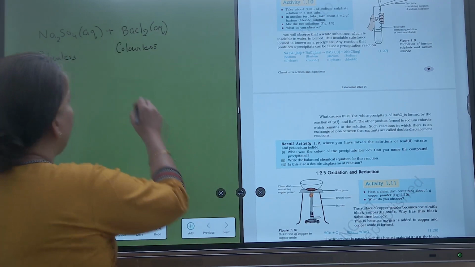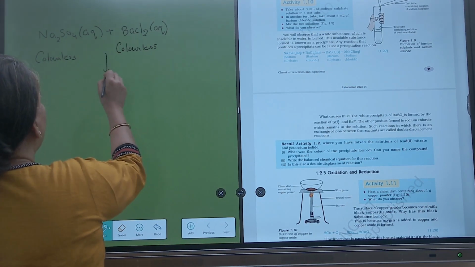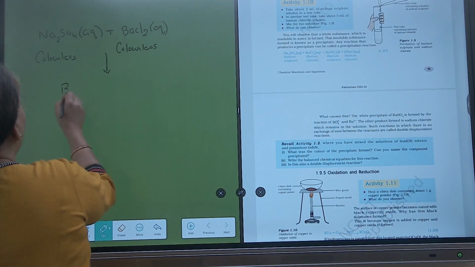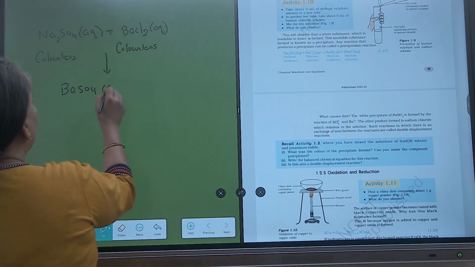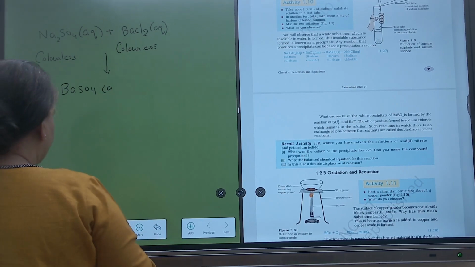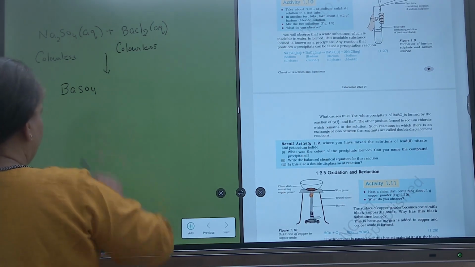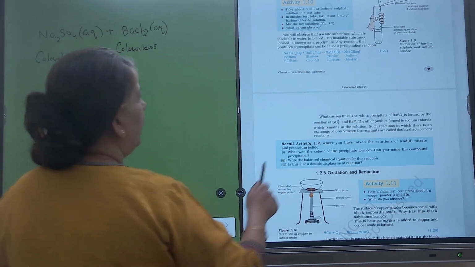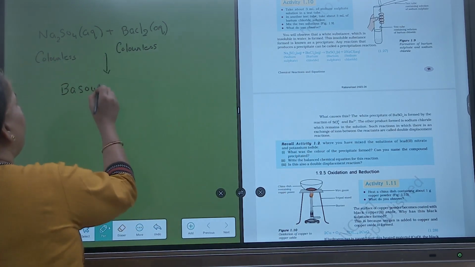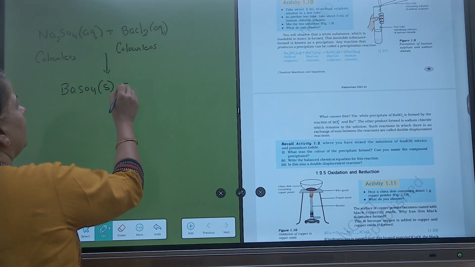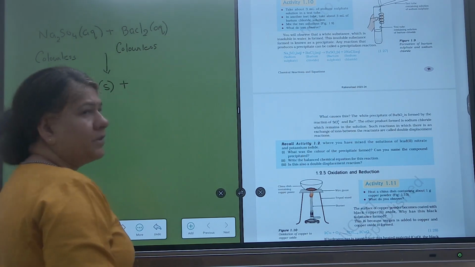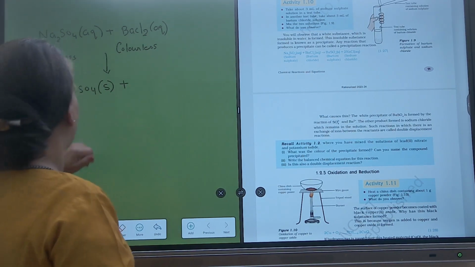The moment we mix them, we get a white precipitate of barium sulfate, BaSO4. BaSO4 will start depositing at the bottom of the test tube after some time, hence it is a precipitate.